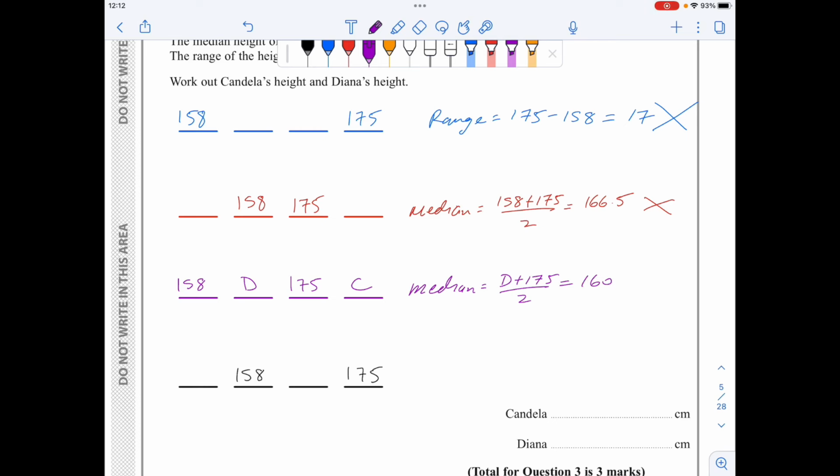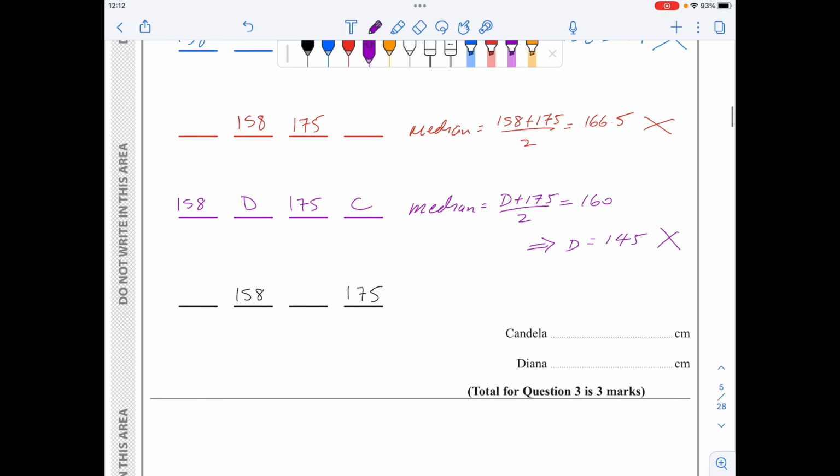This should give me 160, which implies that D is equal to 145, but D should be between 158 and 175. 145 is less than 158, hence this is also rejected.